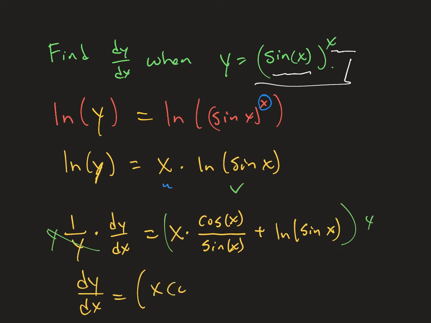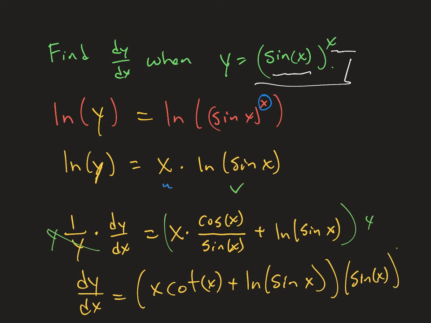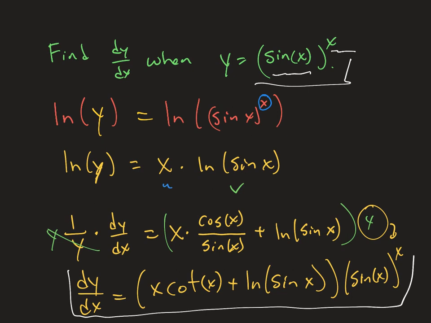So x cotangent x plus the natural log of sine of x times sine of x raised to the x power. Which was our original y, right? This is a y right here. And that is our nasty derivative formula for sine of x raised to the x power.